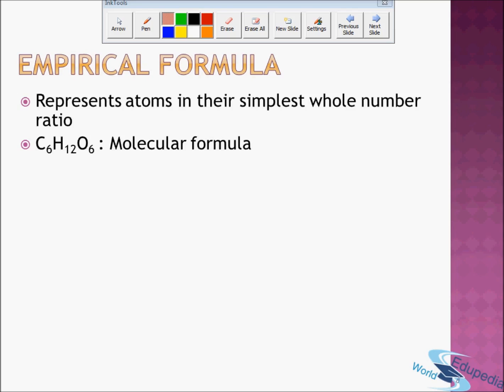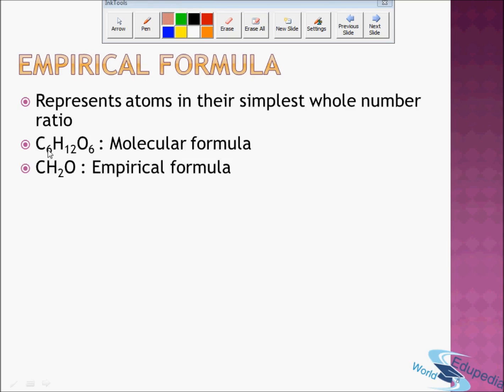In empirical formula, I will take the highest common factor of 6, 12 and 6. The highest factor which I can take from all these three numbers is 6. I can take 6 common from here, here, and here. So that will leave me with CH2O.